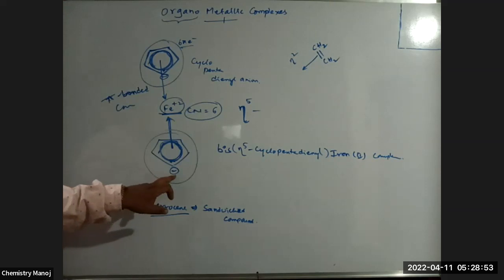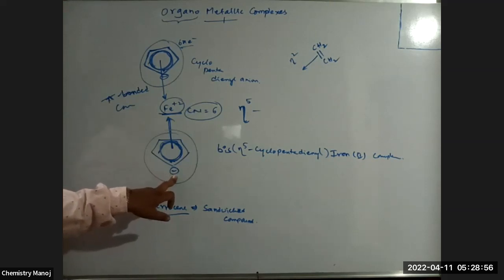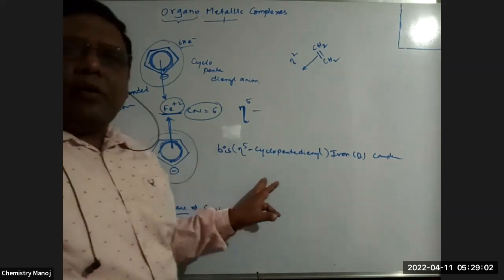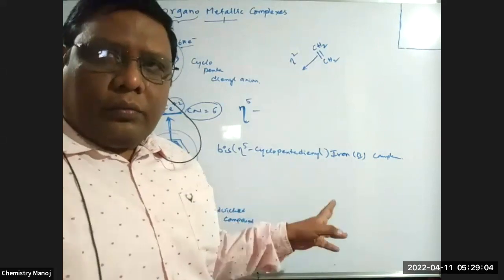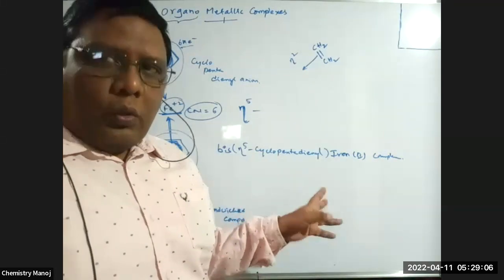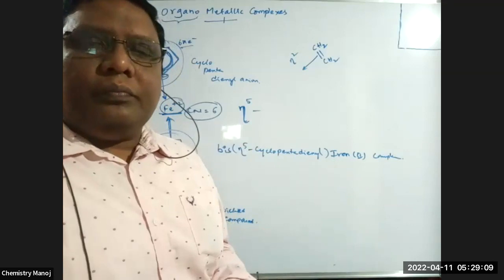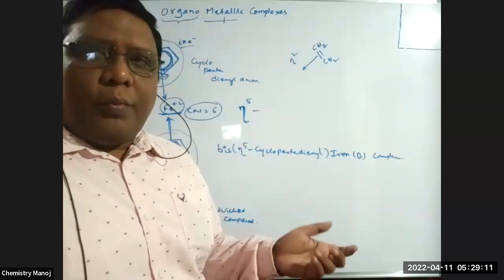My dear boys, negative ligand names end with ATE. Am I correct or not? For example, if Cl minus is there, the name ends with O: chloro, bromo, like that.